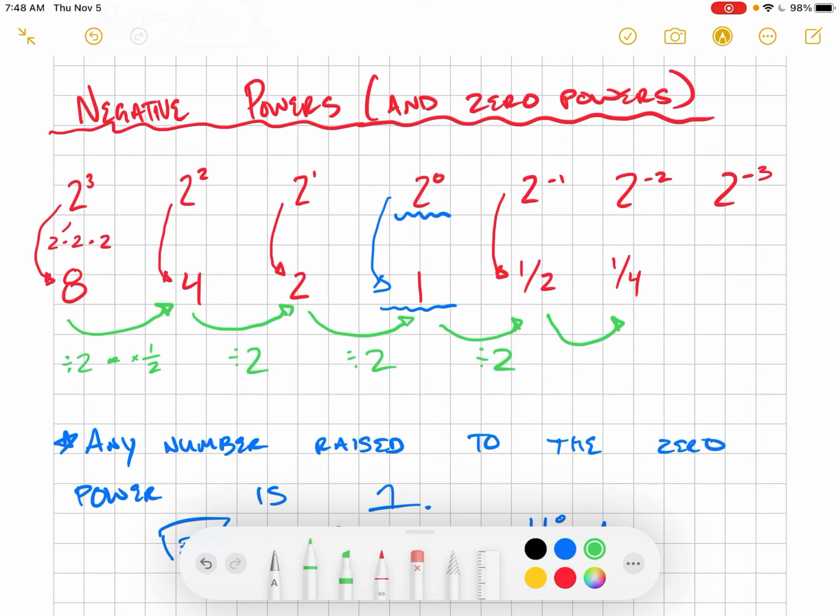Okay, and then if we divide that by 2, what do we get next? 1/8. So you can see here there's a pattern. Okay, so if we connect the dots, right? 2 to the negative third is 1 over 8. Well, positive 2 to the third is just 8.